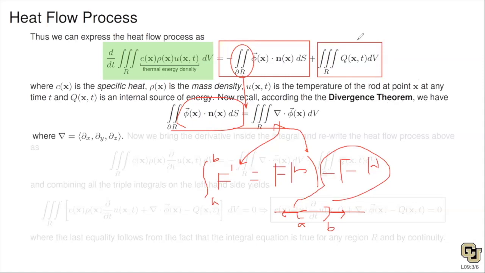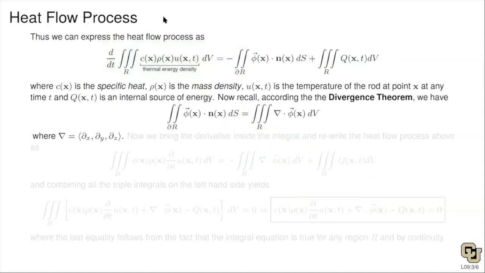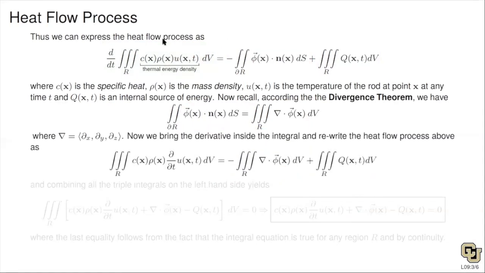So we're able to replace that surface integral with this triple integral. And you get the divergence in there, the derivative basically. And so now we can combine all the integrals. So the big picture here is that this surface integral now looks like all the other integrals.